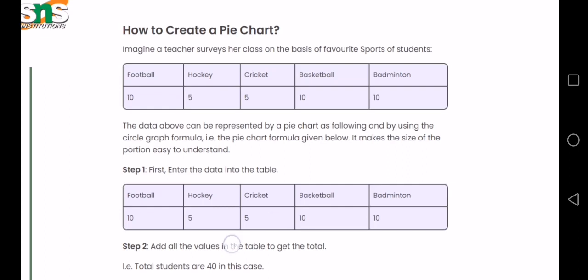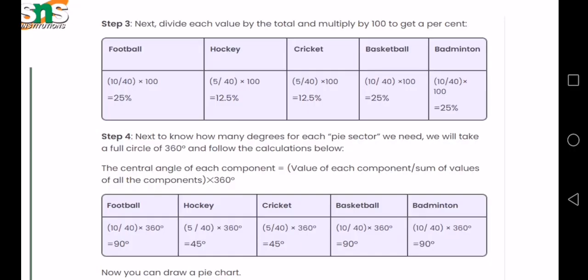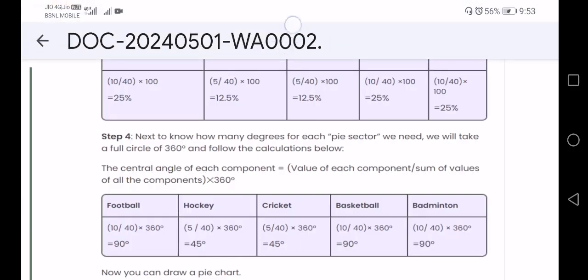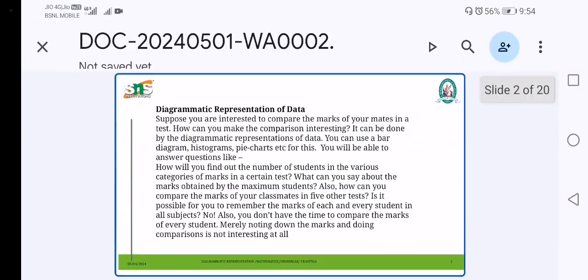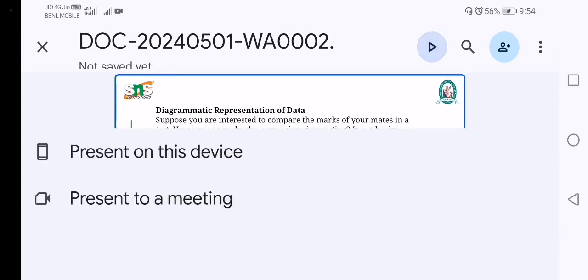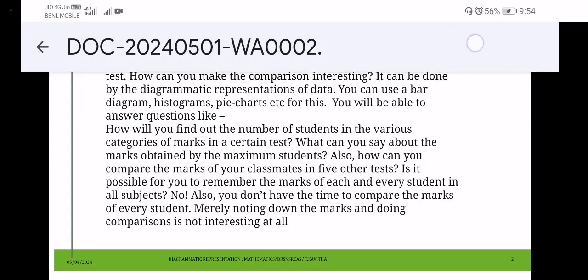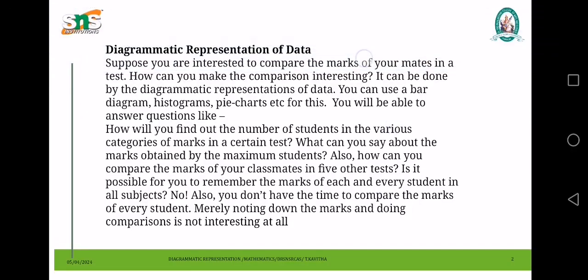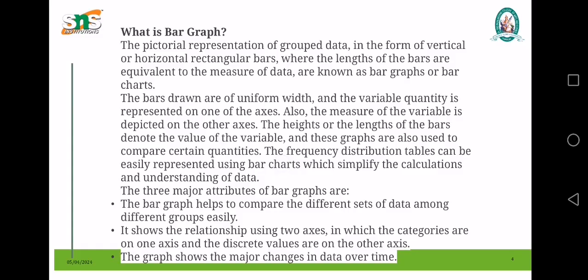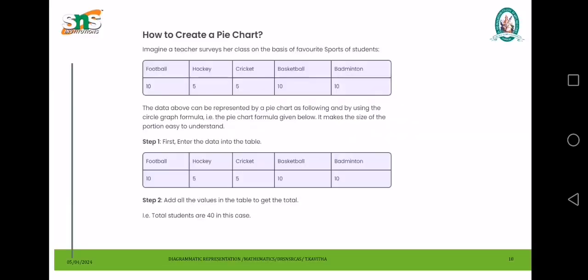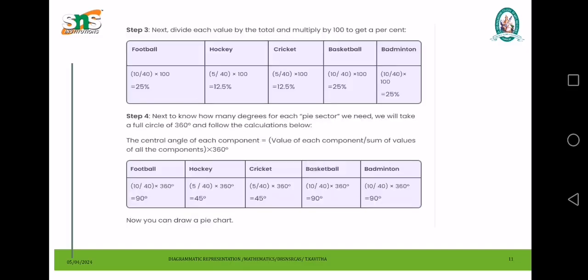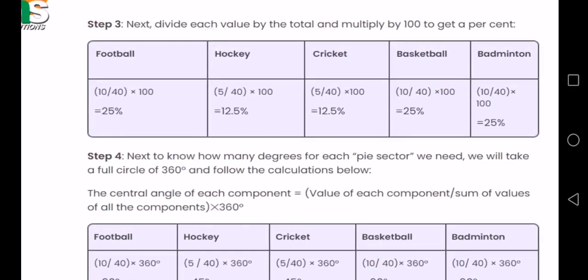In this case, we convert the data into percentage.